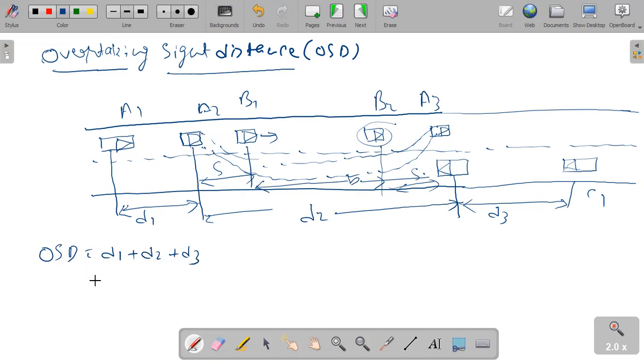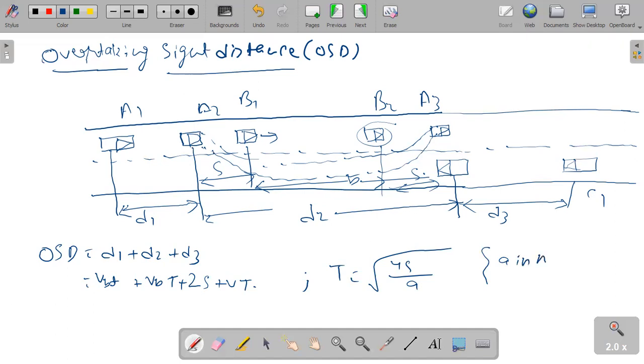D1 is equal to vb into t, d2 is equal to vb into capital T, and d3 is equal to 2s plus vt, where capital T is the overtaking operation time, which is equal to the square root of 4s upon a, where a is in meter per second square.